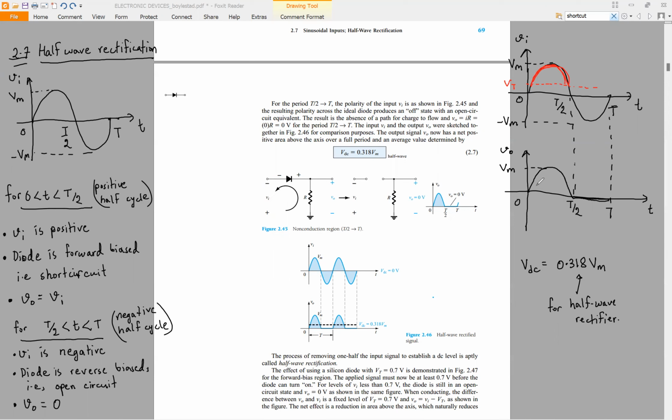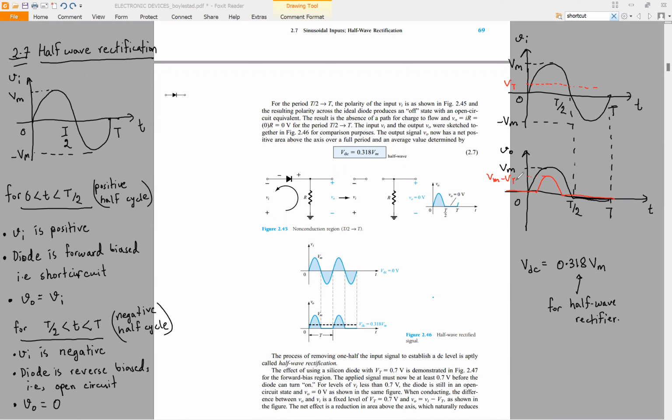So our output will be something like this. So this is for the simplified model. So why is it like this? If this is Vm, the peak of the simplified model output will be Vm minus Vt.